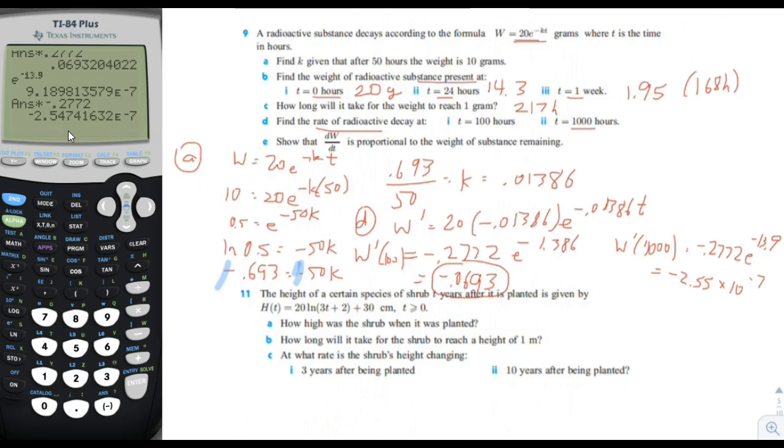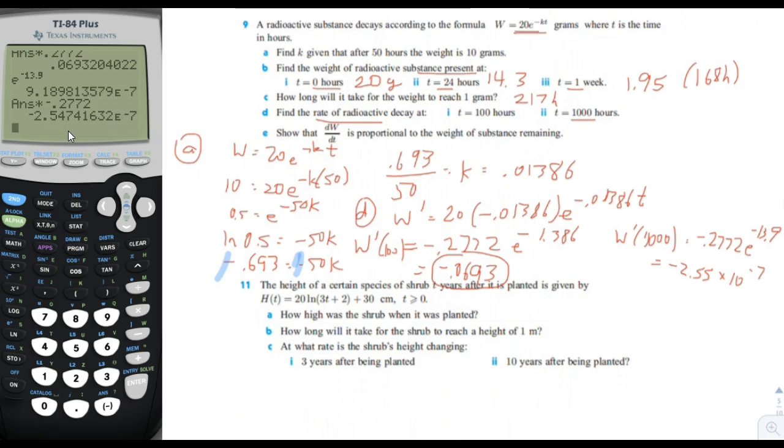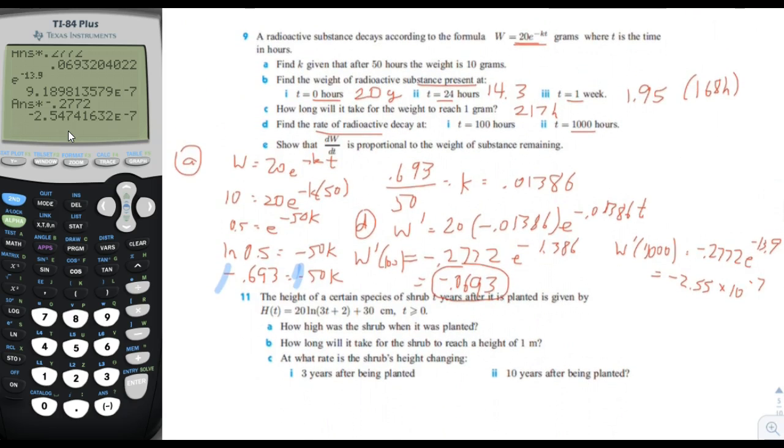Then it says, show that dW/dt is proportional to the weight of the substance remaining. Okay, so basically what they're saying is, show that W dash is equal to alpha times W. So W dash is negative 0.2772 e to the negative, we'll just put k because it's so long, kt.